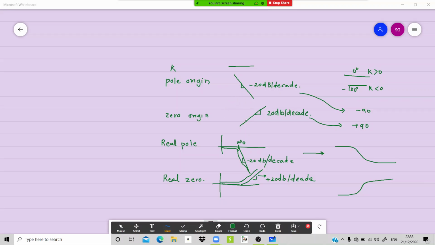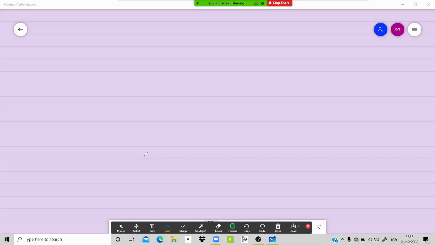So minus 20, plus 20; it was minus 3 dB point over here, plus 3 dB, and slope was plus 20 dB per decade. See the phase plot also, 0, minus 45, minus 90; 0, plus 45, plus 90.